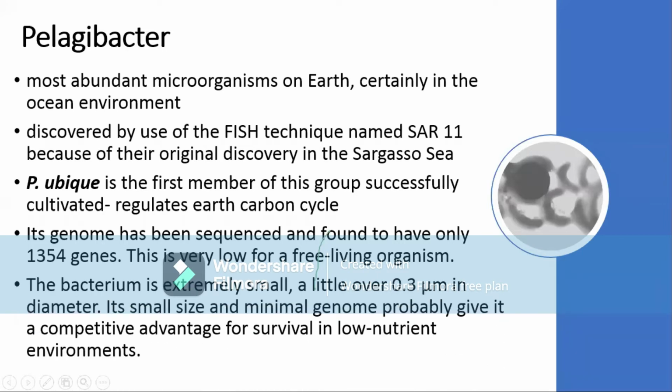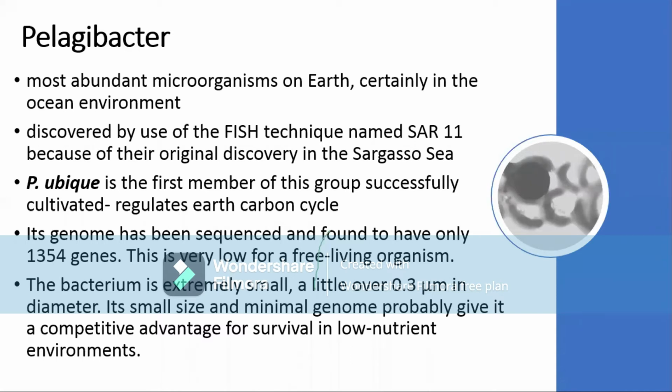Right? So the reason how it is surviving is because its size is extremely small, right? So its small size and its minimum genome are giving it a competitive advantage for survival in low nutrient environments, right? So this is the reason they are the most abundant microorganisms, because of the size and because of the smallest number of genes, right?